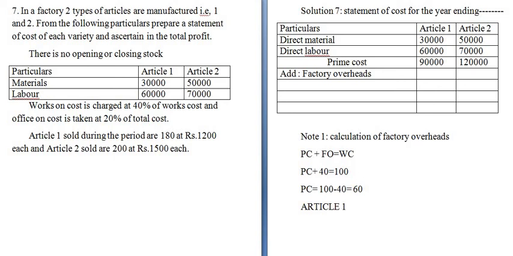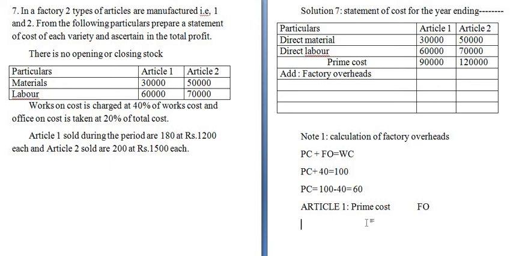Now we will calculate it for article 1. For article 1 we will calculate prime cost and factory overheads.